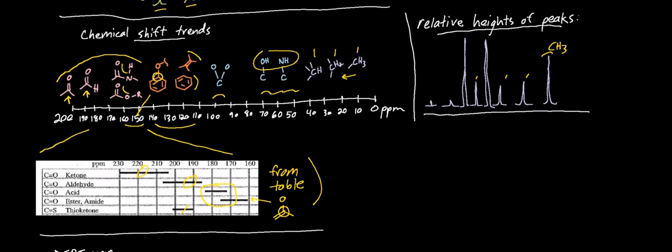If you see a peak that's clearly doubled, and we often see them in the aromatic region, this might be a case of a para-disubstituted aromatic where these 2 hydrogens are equivalent, therefore these 2 carbons are equivalent, giving you a 2-carbon signal, 2 equivalent carbons here and here, for example.